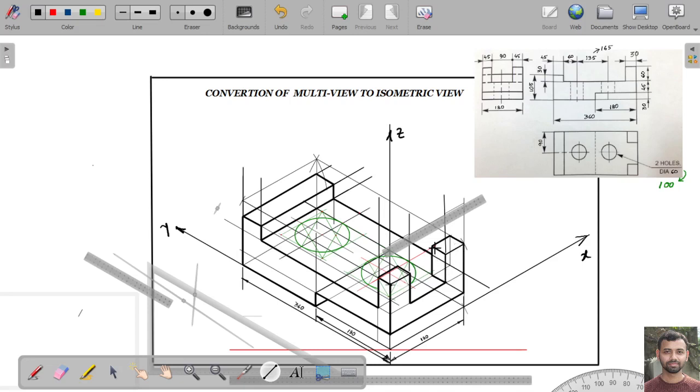So this height also given, and okay, this height.